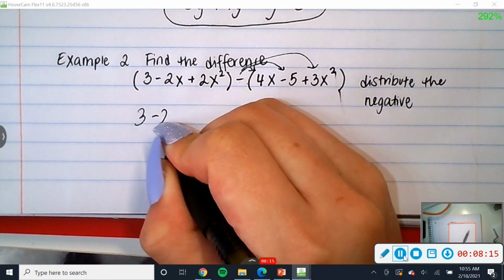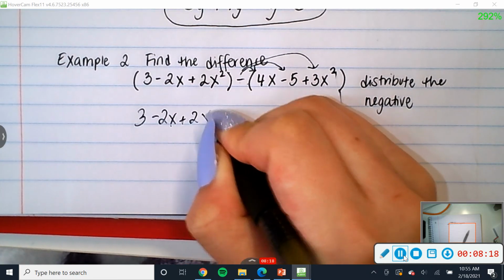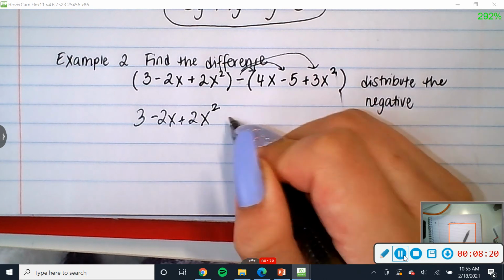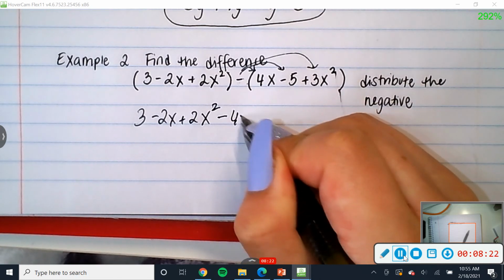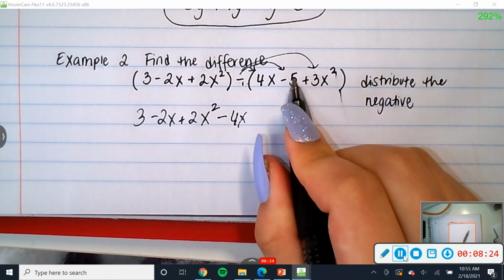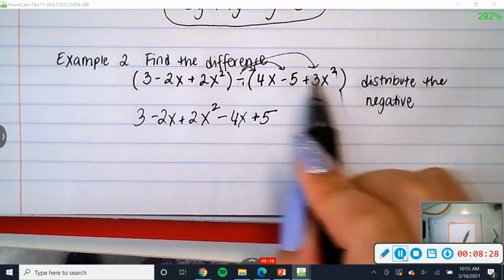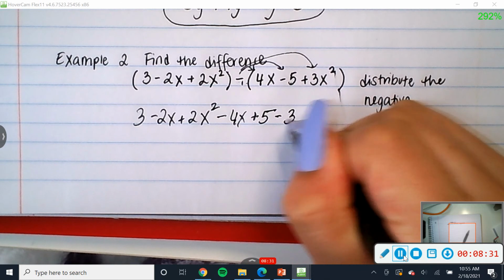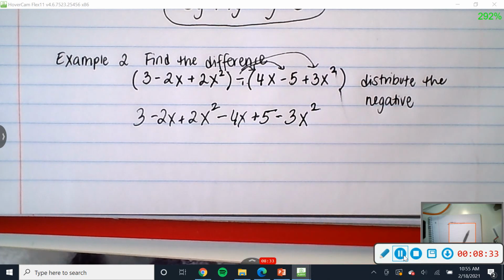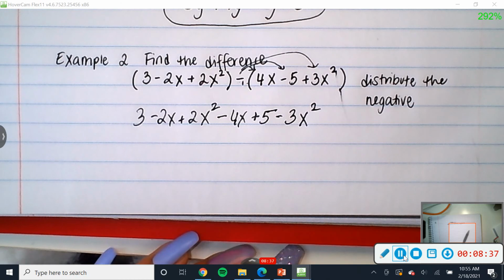So I have the first part is the same, but after this I'm going to rewrite it so I have minus 4x. This negative times a negative is now going to become a positive 5, and negative times a positive is going to be a negative 3x squared. You have to do this, otherwise you'll get a different answer when you're doing the subtraction problems.